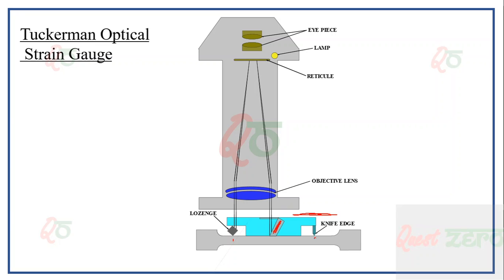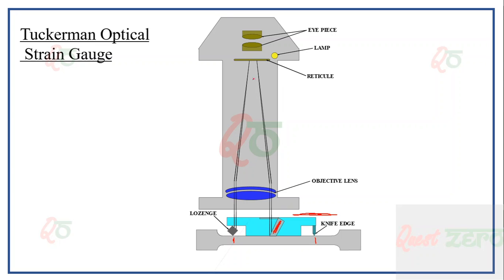The knife edge from here will be your gauge length. So one end is fixed, and the other end will have a lozenge which reflects the light back to the reticule. Now when there is no deformation, in the resting condition, the light coming from the reticule will again be reflected back to the same point. Hence you can say that the deformation is nil.